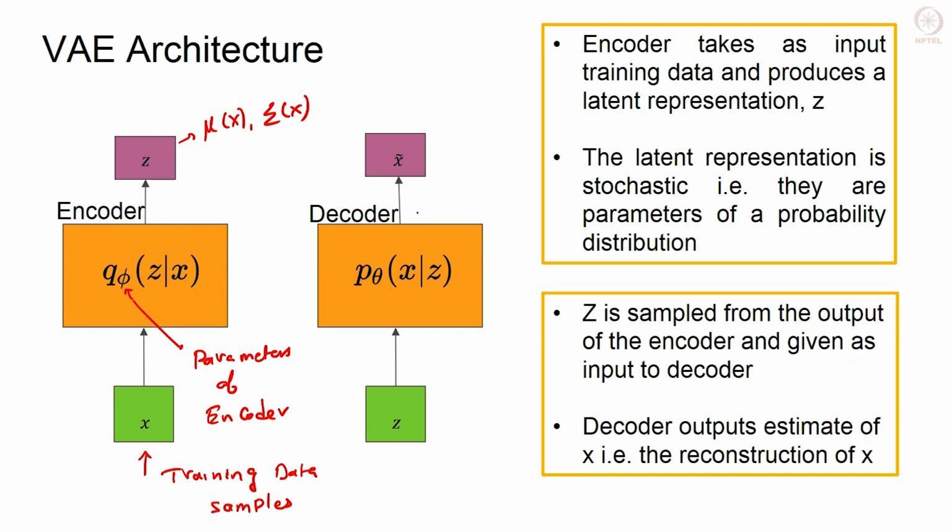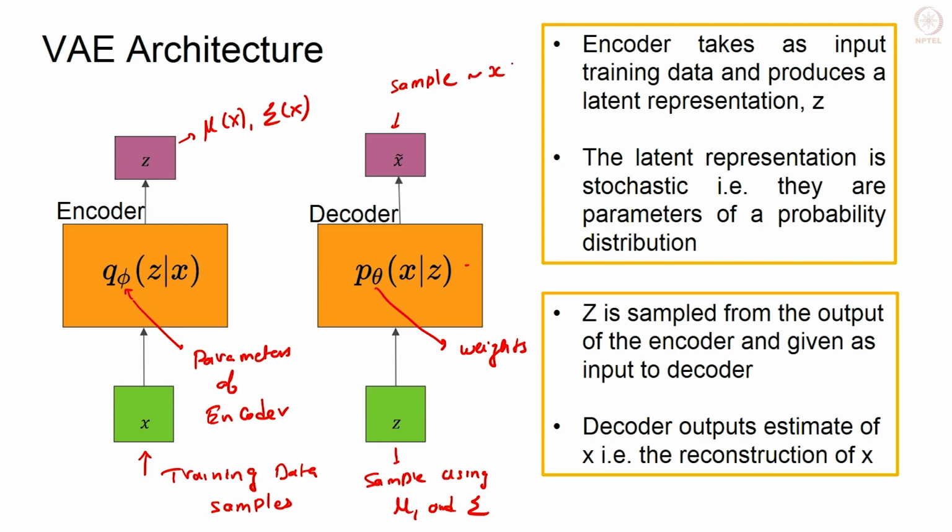And you have this decoder, which is again a neural network. The theta are again the weights of that neural network, which takes a sample. So, this is a sample using mu and sigma, right. You sample using mu and sigma and get a z, which is given as input to this neural network, and it provides an output x tilde, which is a sample similar to x.